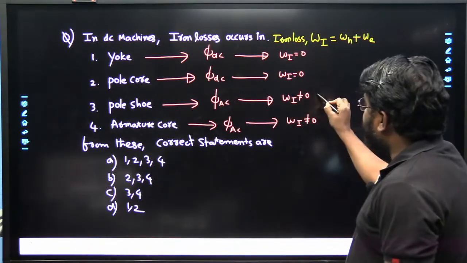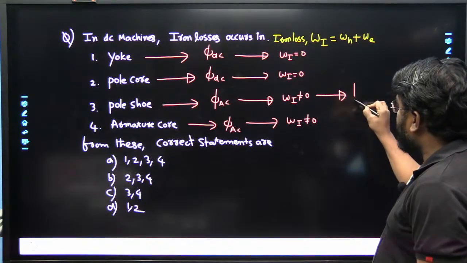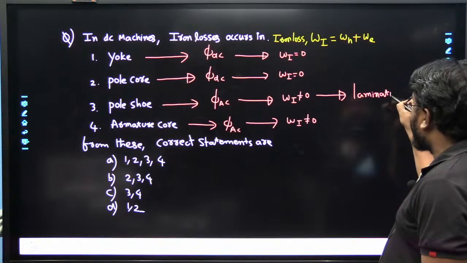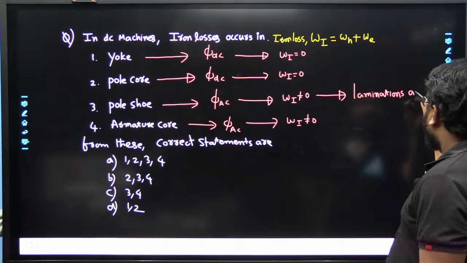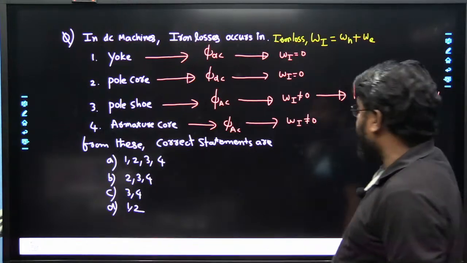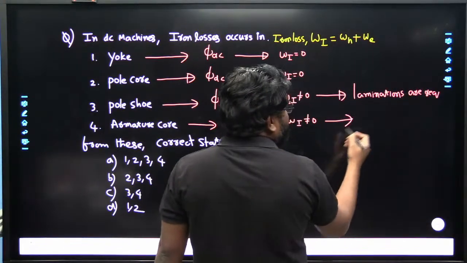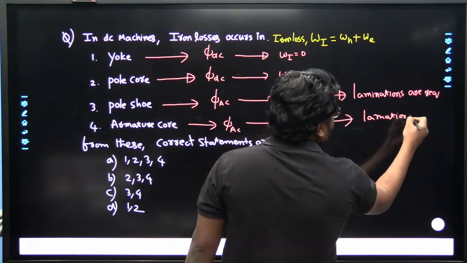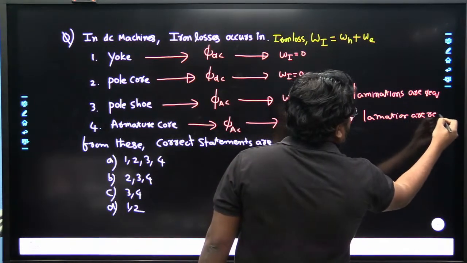So when iron losses are not equal to 0, in order to reduce them, laminations are required. Laminations are required. Got it? So definitely, laminations are required to reduce the iron losses. This is the exact reason.